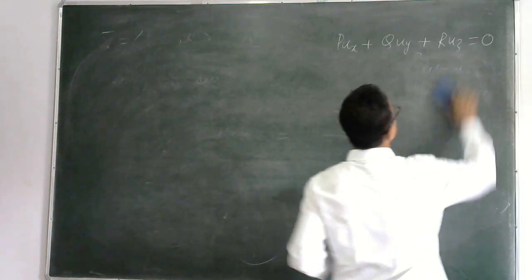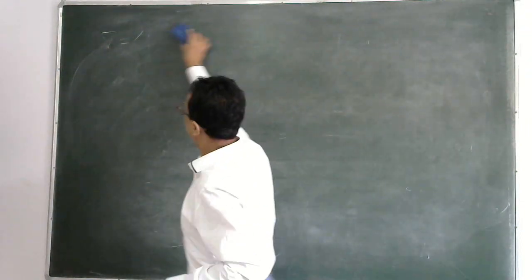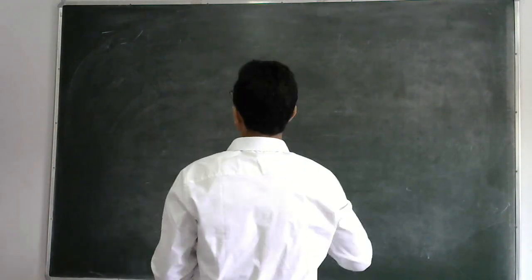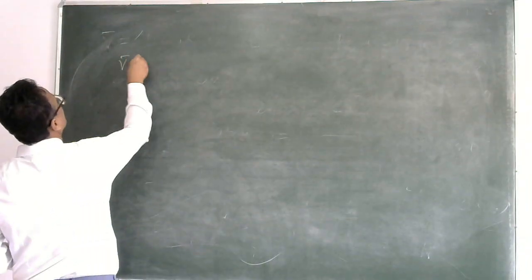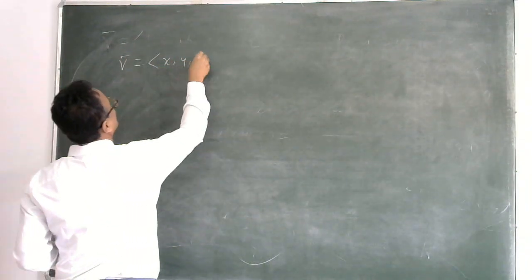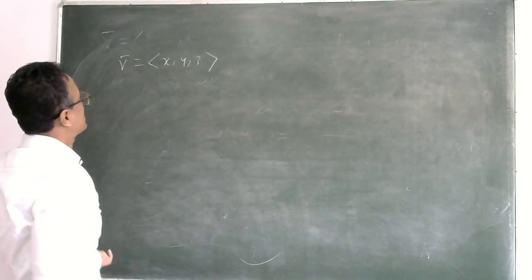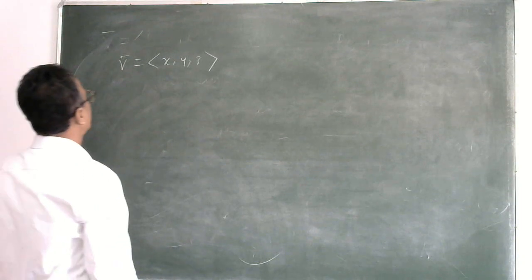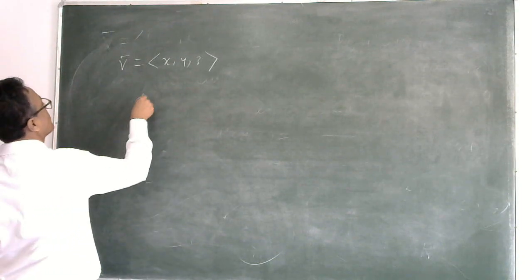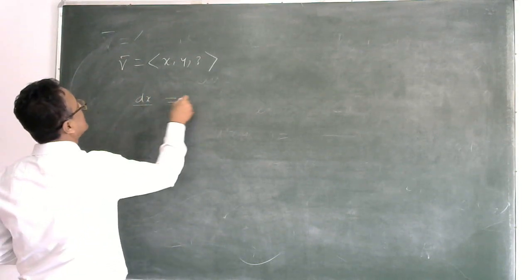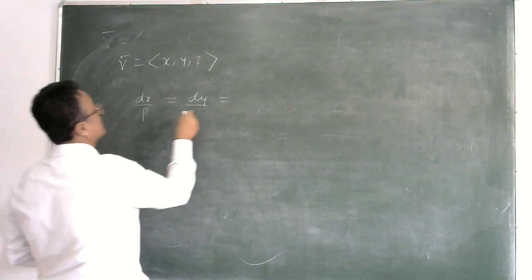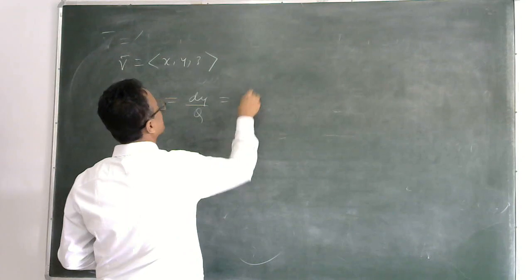So before that, maybe we can take two small examples. Suppose your V is (x, y, z). Now, if I want to find the corresponding associated differential equation, it is going to be something like this.